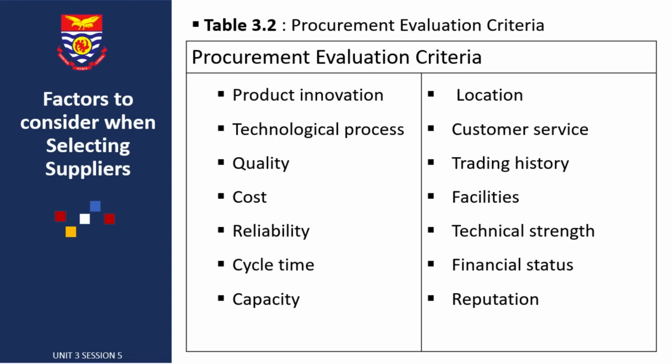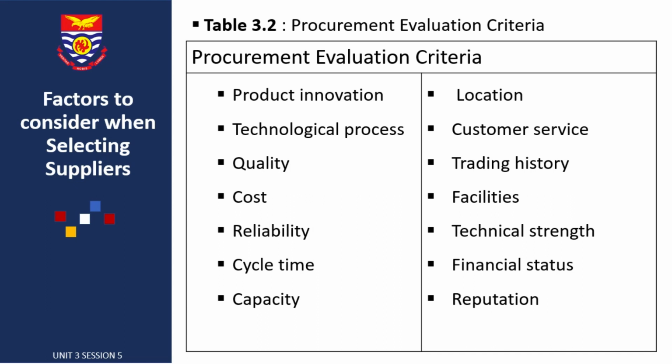So when you look at Table 3.2, we have some procurement evaluation criteria. There's one for product innovation, technological process, quality, cost, reliability, cycle time, capacity, location, customer service, trading history, facilities, technical strength, financial status, and reputation.